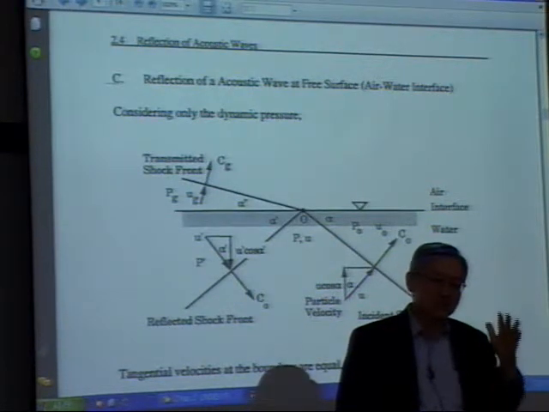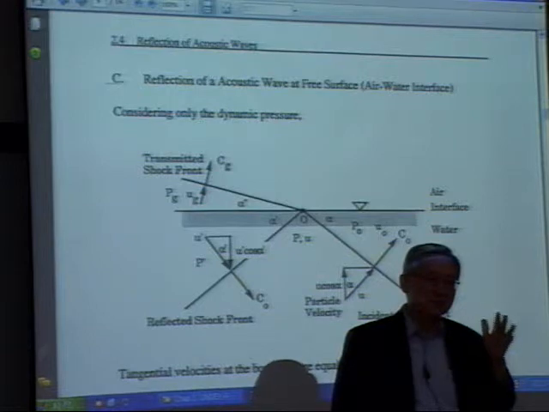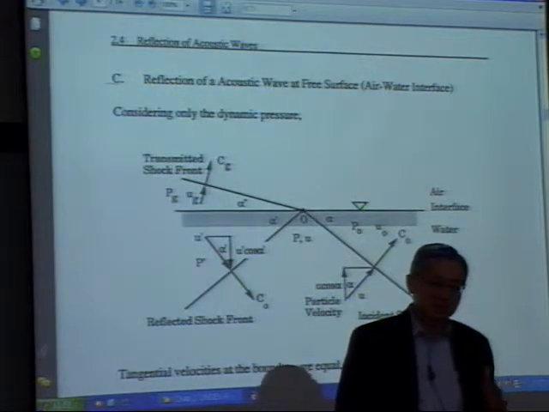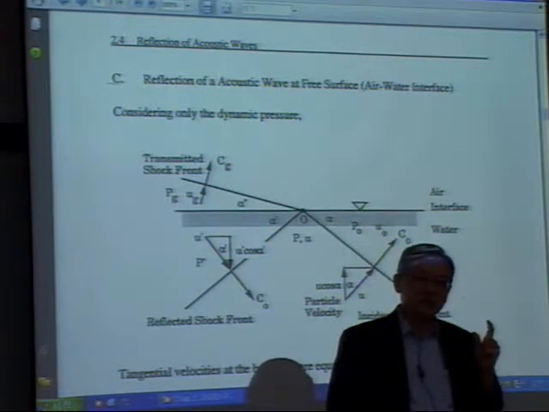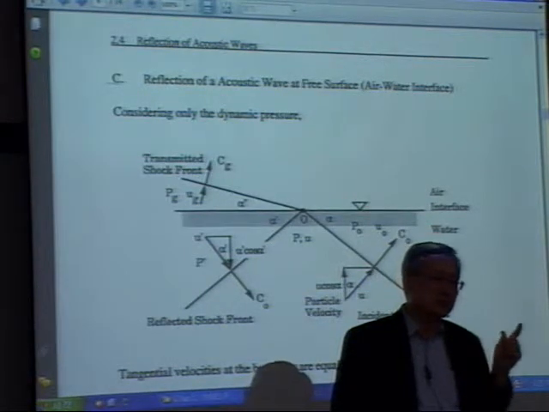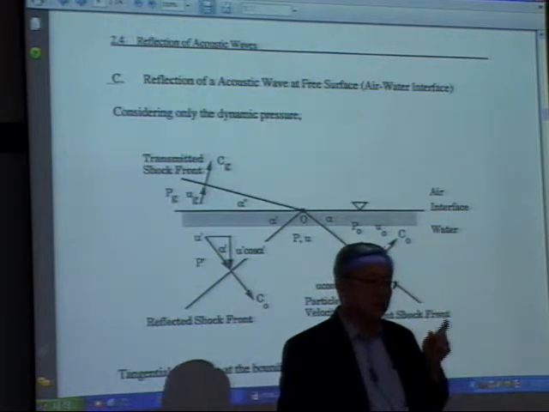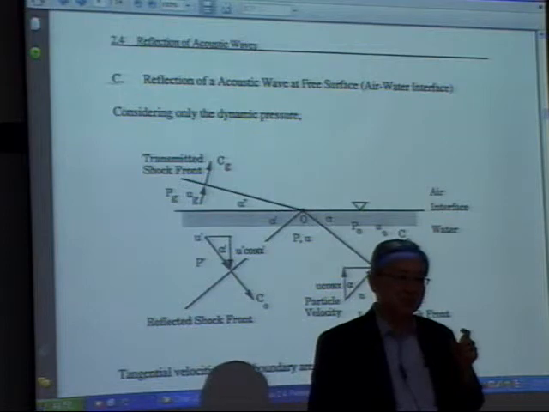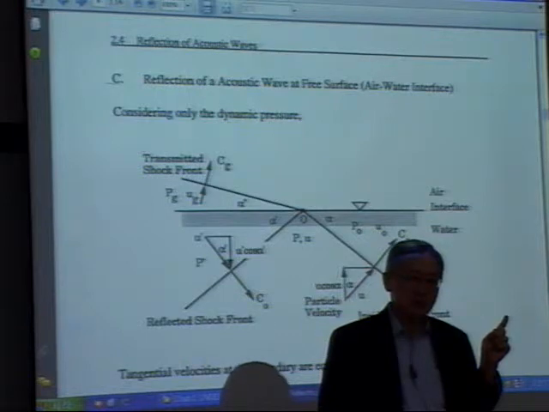Rho C is sometimes called just impedance or characteristic impedance, which really shows the acoustic property of the water and air. That tells a big story, as you learned already. Rho C U is the pressure. Let's consider air: rho C is very small compared with water, so rho C U, the pressure, should be very small.